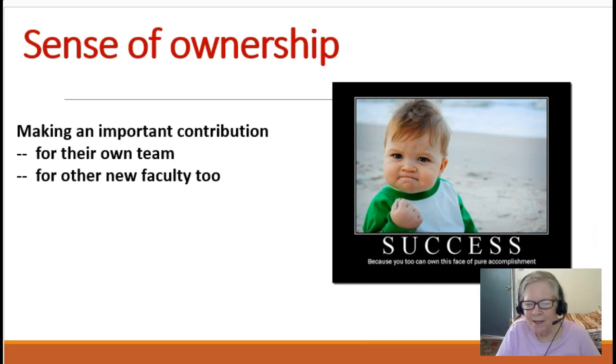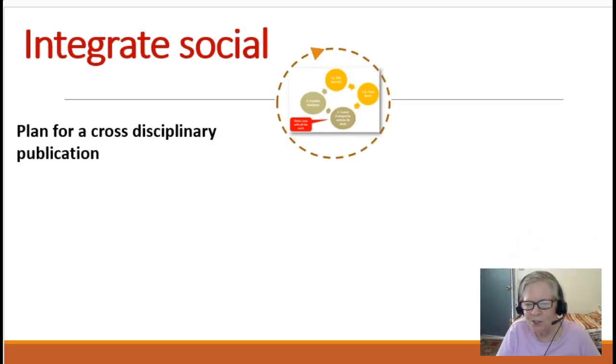Now, the important last step is recognizing how you integrate the social. One of the things that we hope will initially come out of this is some cross-disciplinary publications, because everyone's going to be aware of each other's area, so the development of the database serves as a foundation there.